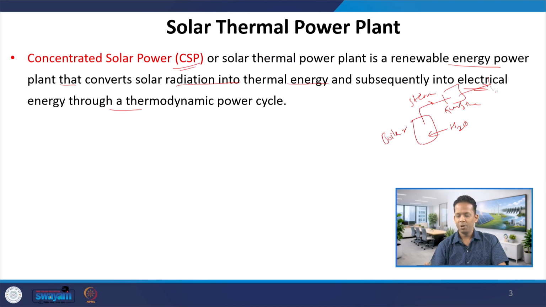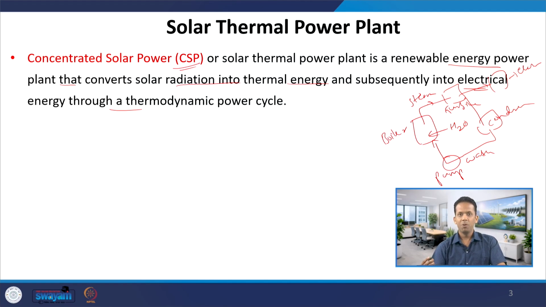The turbine is connected to the generator which generates electricity, and after the steam is condensed in the condenser, this condensed water is pumped back to the boiler. We can have a pump here. So this cycle keeps on repeating, but where is the requirement of solar thermal here?